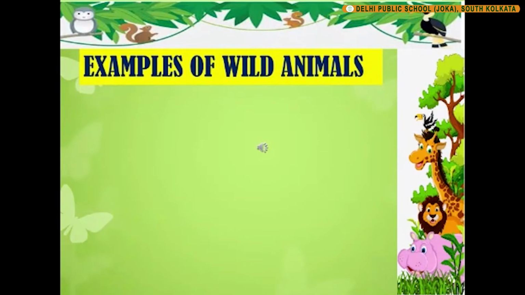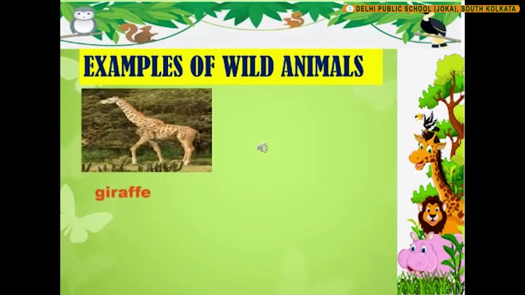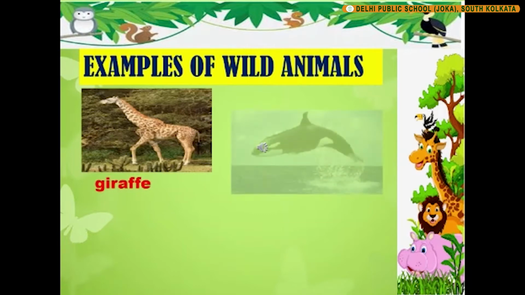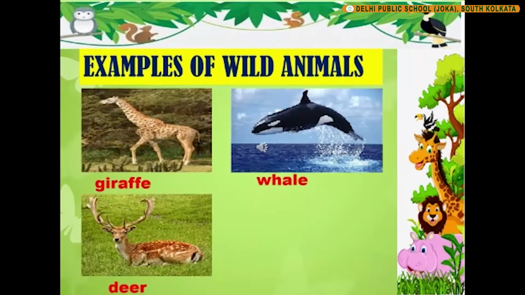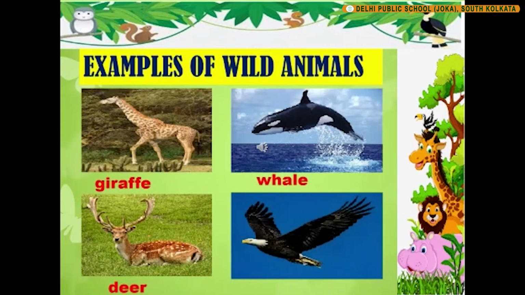Let us have a look at a few more examples of common wild animals. A giraffe is a wild animal. A whale is also a wild animal. A deer is a wild animal. An eagle is also a wild animal.